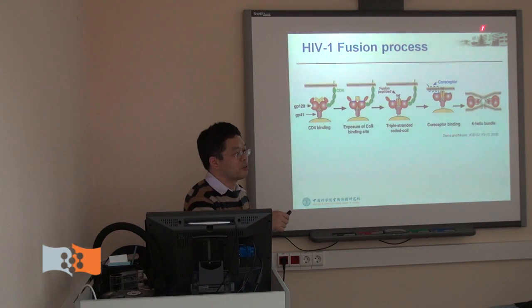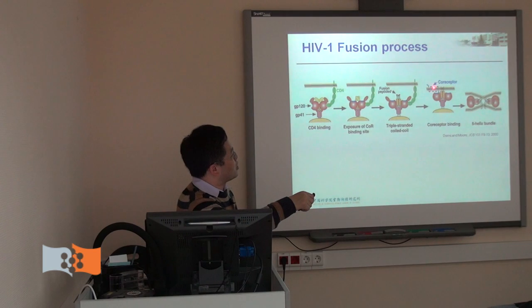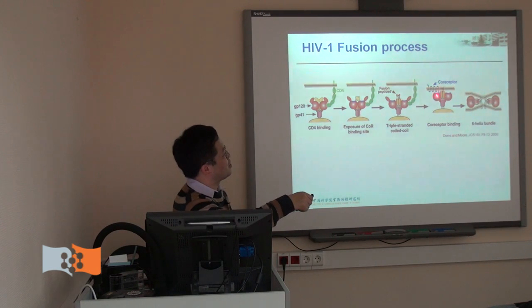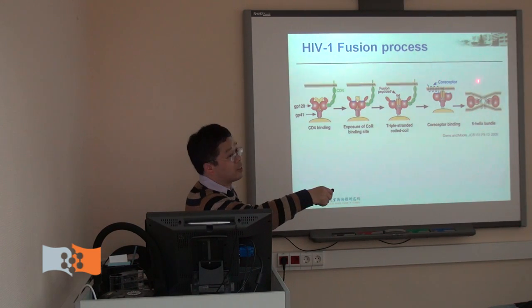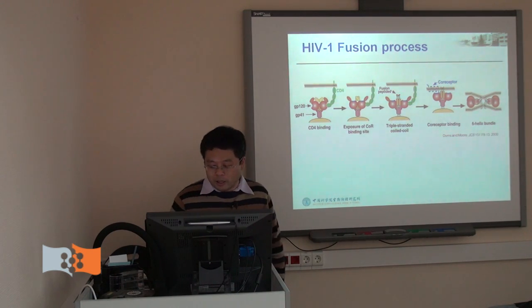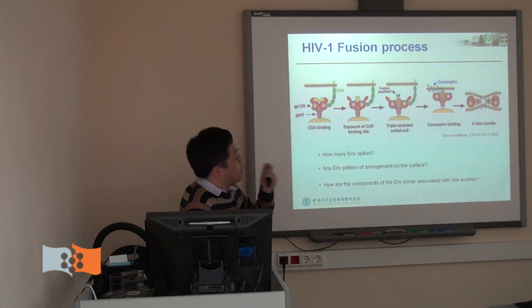CXCR4 was recently solved by the lab of Professor Liu and colleagues. They got this receptor, this GPCR. Professor Liu was very interested in CCR5. After this, the two membranes undergo fusion. From this process, you can see the envelope spike protein is very important for the fusion process.